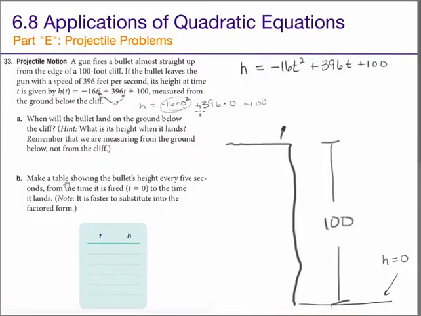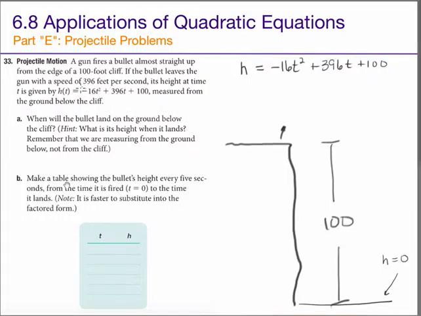This is 0, and this is 0, and 0 plus 100 is 100. So at t equals 0, the moment the bullet is fired, the height of the bullet is 100, and that makes sense.